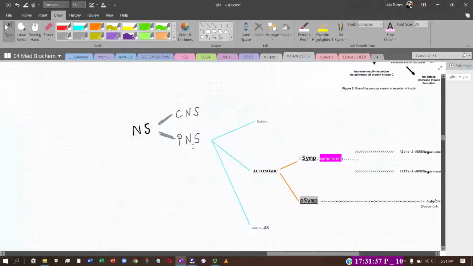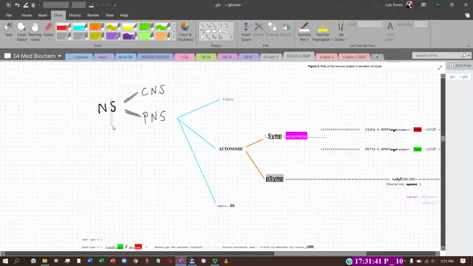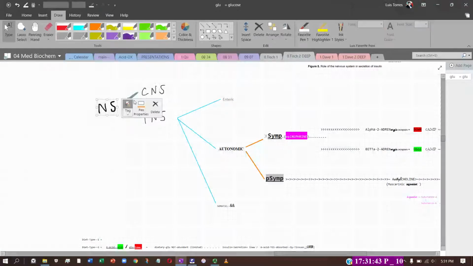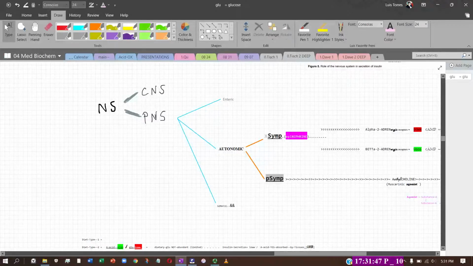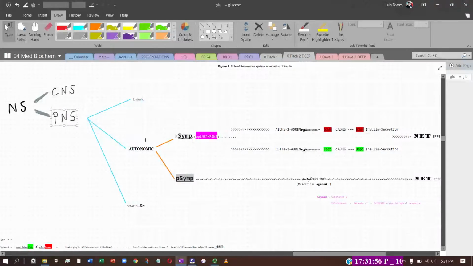So here is a basic breakdown of the nervous system in general. You have your central nervous system, and you have your peripheral nervous system. We have these two to focus on, autonomic versus somatic. And for now, let's just focus on autonomic.